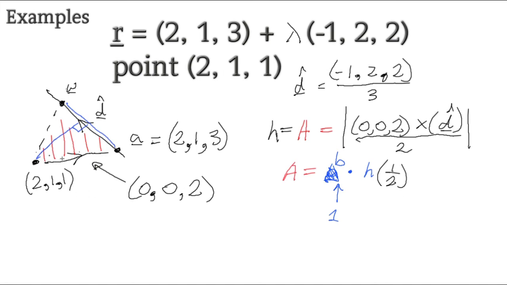Don't forget this, half base times height is the triangle, which means that, my bad, area is half h. So with that, multiply both sides by 2, we cancel the denominator. We've got h is just the cross product between these (0, 0, 2) and this value. So let's do the cross product.